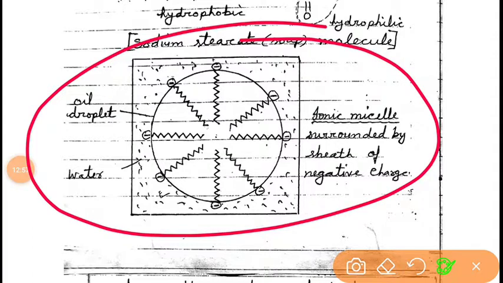Ionic micelle surrounded by the sheath of negative charge. Then overall a negative charge is developed on the outer side of the micelle, the oil droplet and water, which I have already explained to you.